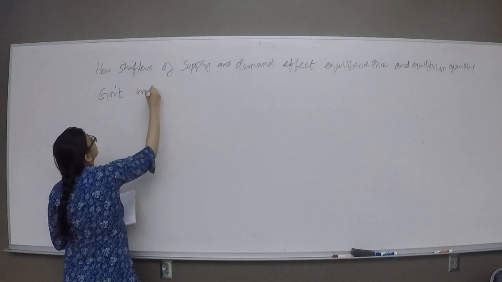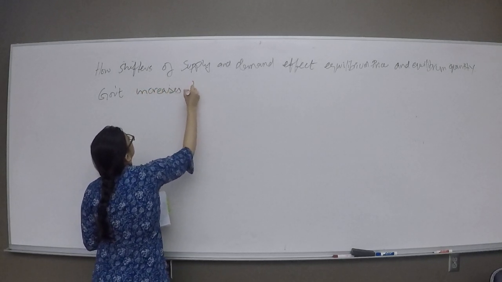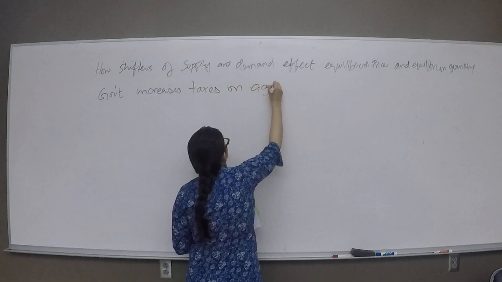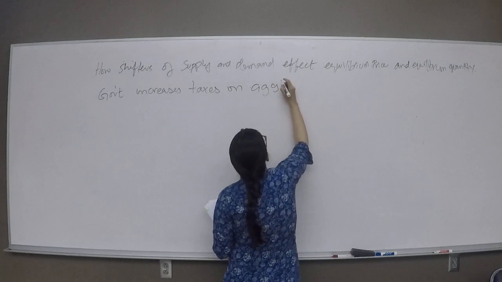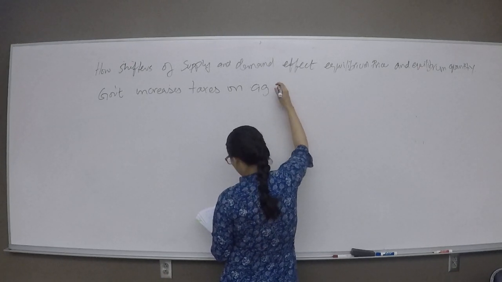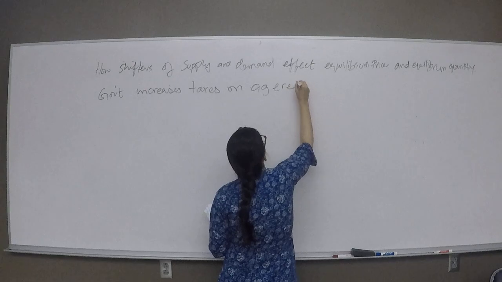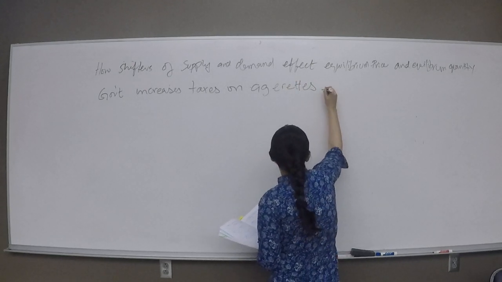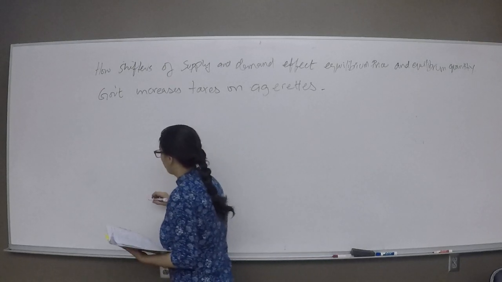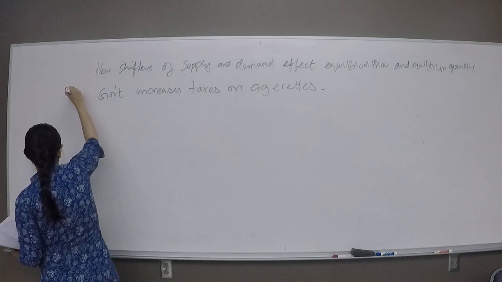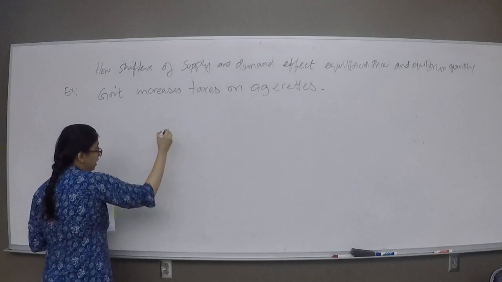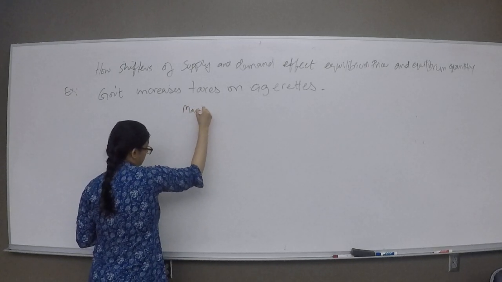Government increases taxes on cigarettes. So, you're given this information. This is a new example. Government increases taxes on cigarettes. What do you think will happen to the market for cigarettes?